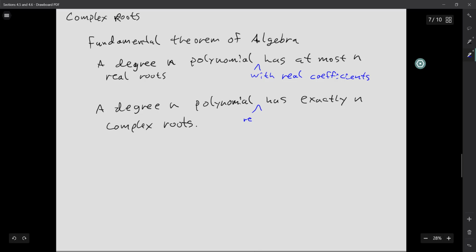So I can say real or complex coefficients. I think the books like to avoid using polynomials with complex coefficients because they don't look quite so nice. But the fact is, you can have complex coefficients if you really wanted to.